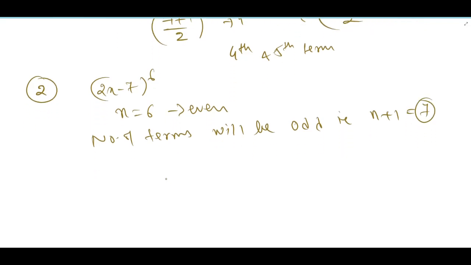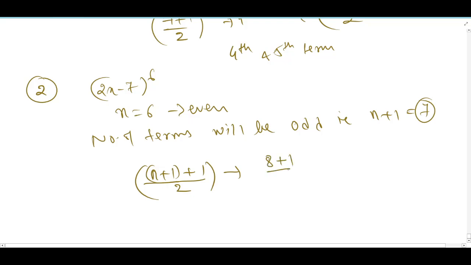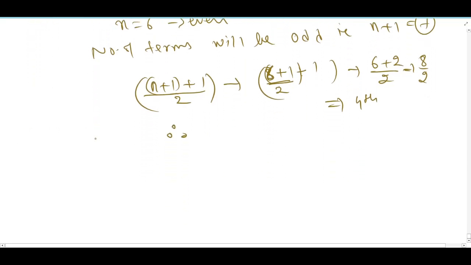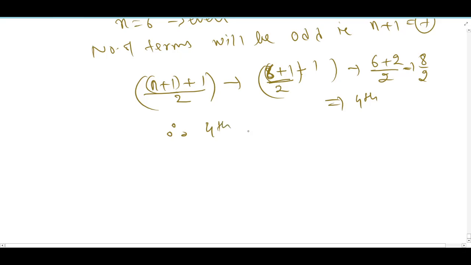So there will be only one middle term, which is given by the (n plus 2)/2 term, that is (6 plus 2)/2, which is 8 by 2 is equal to 4. Therefore we get the fourth term as the middle term.